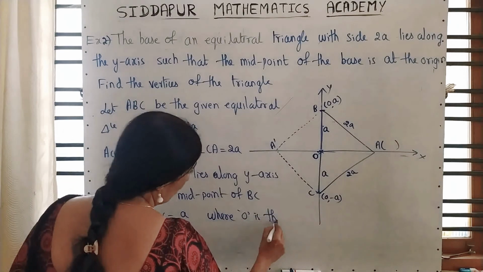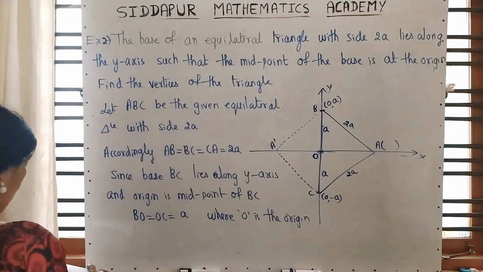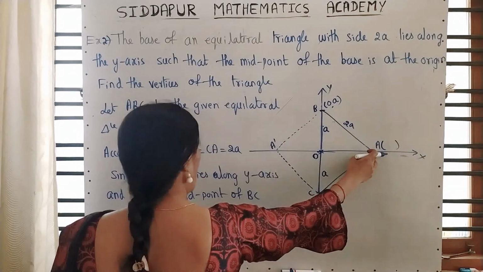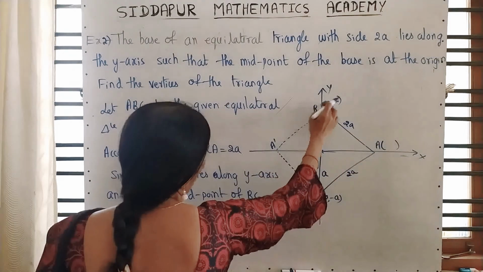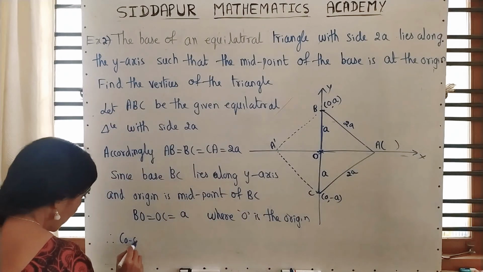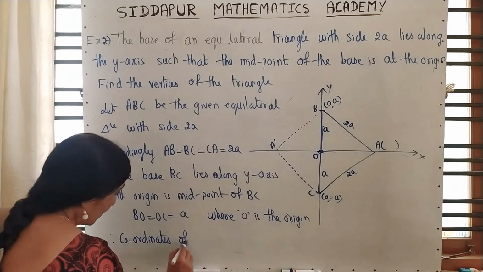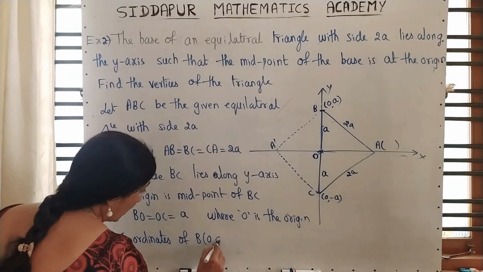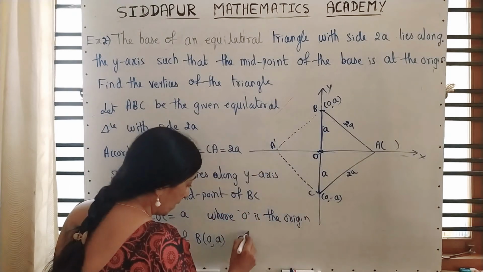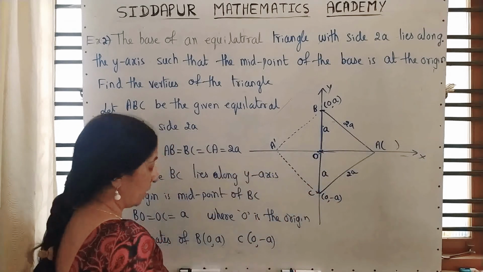Then here it is clear that the vertex A lies on x-axis and the coordinates of B and C are, therefore, coordinates of B, that is 0, a. It is on y-axis and this distance is a. And C is 0, minus a. It is below the x-axis.